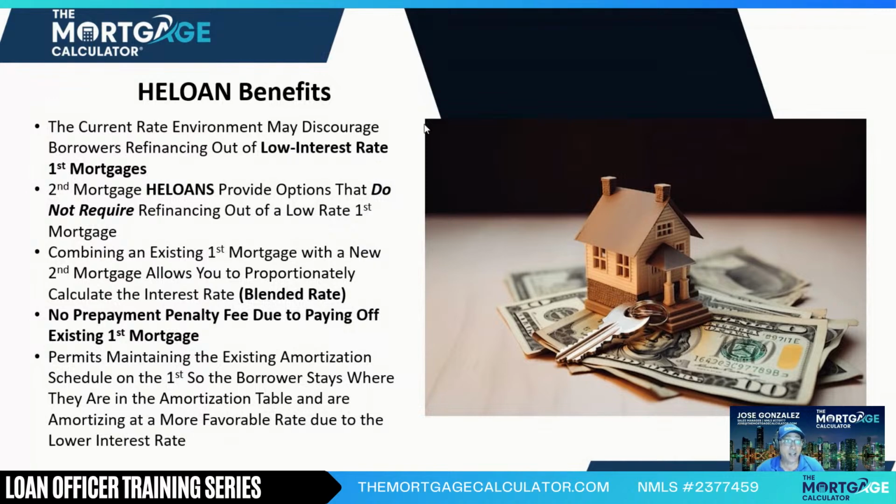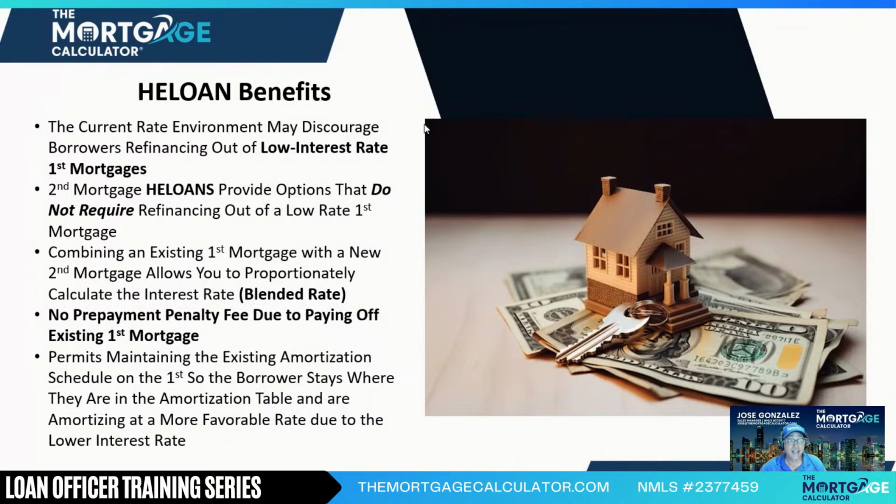Another good point is there's no prepayment penalty fee due to paying off an existing first mortgage. That DSCR loan probably had a 3-year prepay, maybe a 5-year prepay, maybe no prepay, but it probably had a prepay.